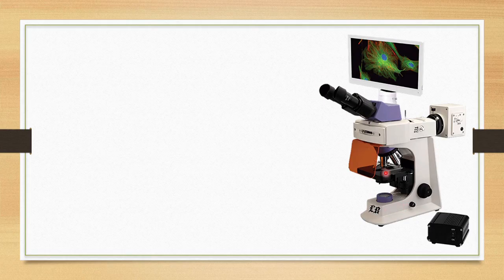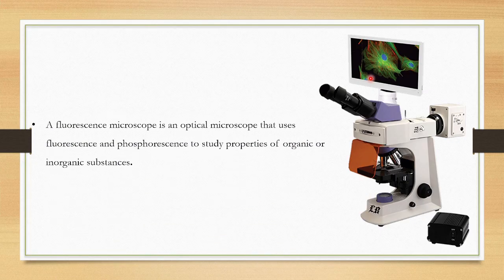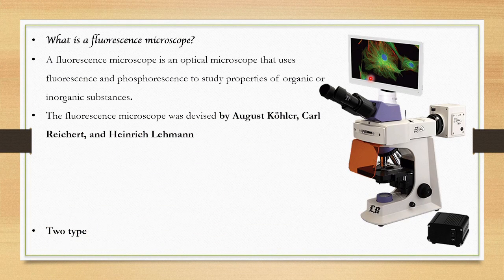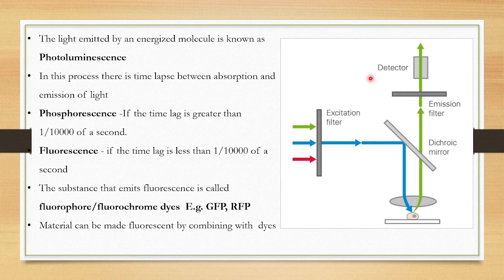This is a fluorescent microscope, and here you will get the image. So this is a fluorescent image. Let's discuss some of the basic concepts of fluorescent microscopy. The light emitted by an energized molecule is known as photoluminescence.